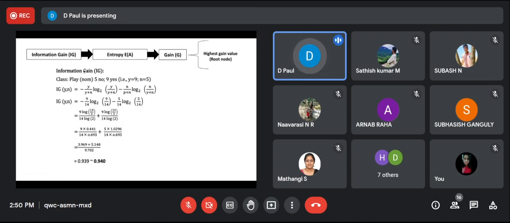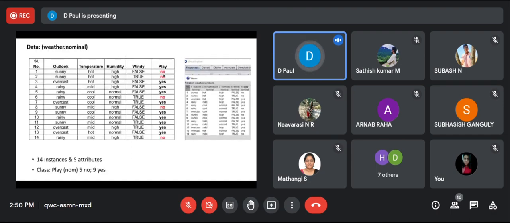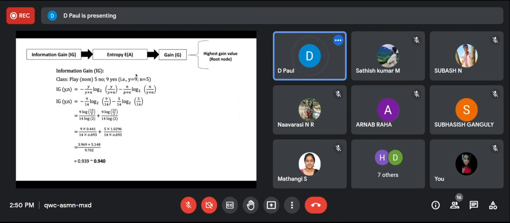So first we calculate the information gain. The classifier is play, so we have 5 no, 1, 2, 3, 4, 5 no, and 9 yes. So we just plug into the formula of information gain, then calculate the log base 2.